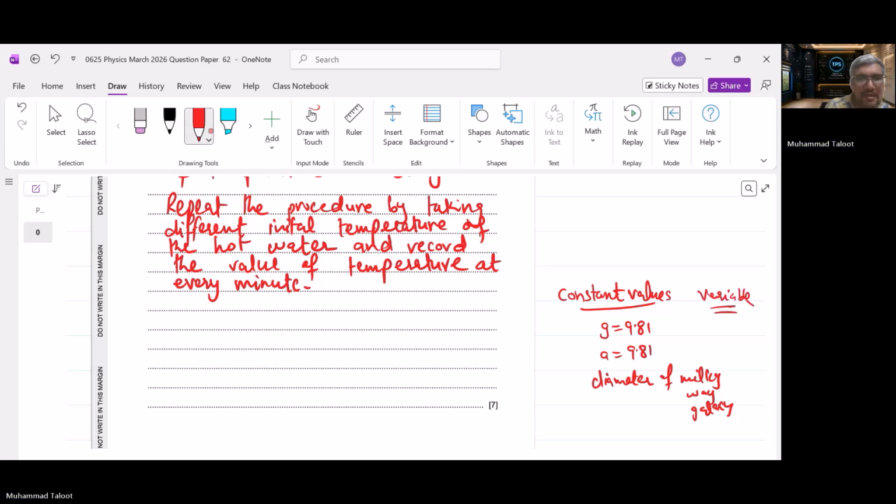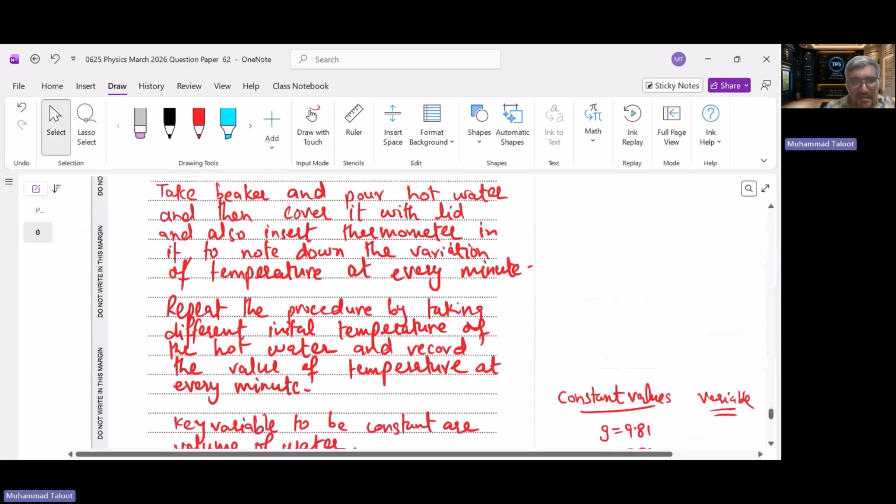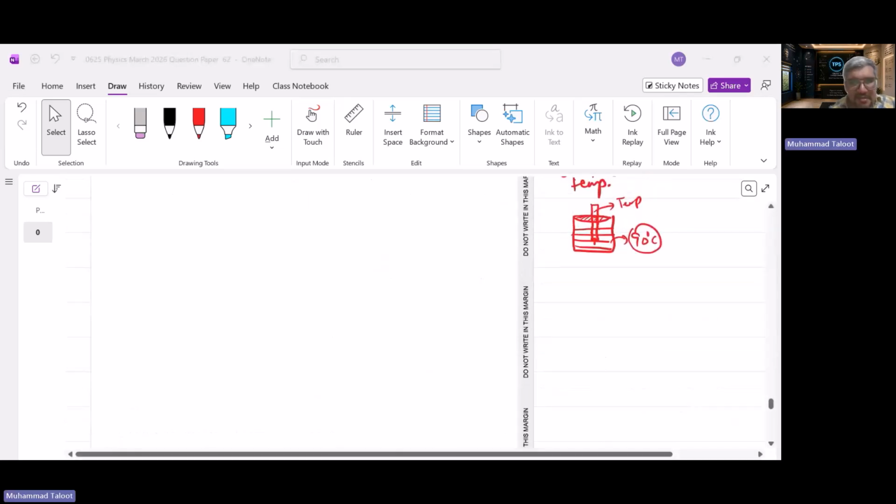So, key variables to be constant are volume of water. And what else you can take here? Initial temperature we are supposed to change. Same beaker you can use, lid, same room temperature, that is very important, surrounding and time interval.